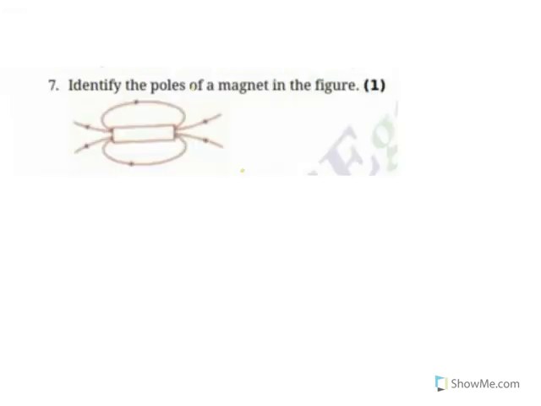Identify the poles of a magnet in the figure. Now if you see here, the direction is given. That means the lines merge here, so this must be the south pole, and where they emerge, where they come out from, is the north pole, because we know the lines move from north to south.